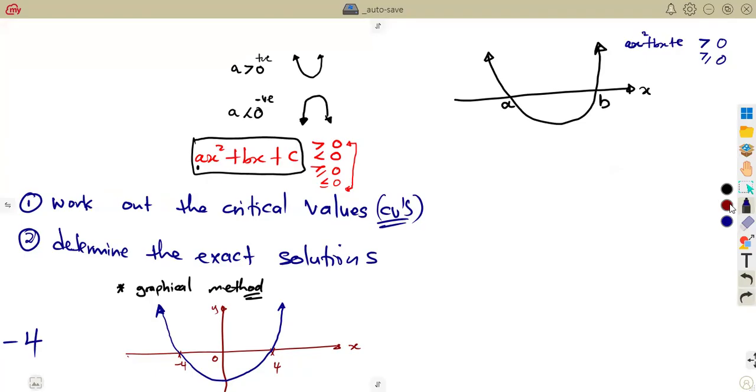We are referring to a solution where our function is above the x-axis, that is, greater than 0. Remember, on the x-axis, y is equal to 0. We are comparing to 0. So greater than means values above the x-axis. These are the values that you're talking about on top of the x-axis.